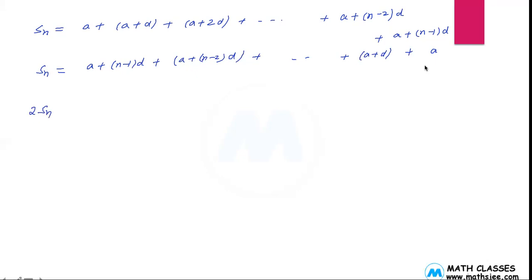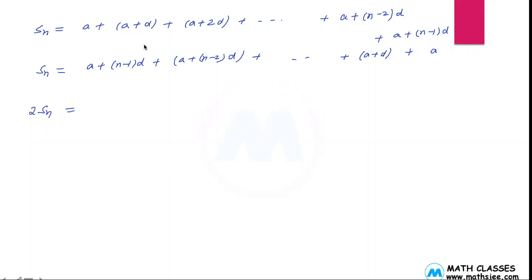So just try it out, add these terms correspondingly and see what you get. If you add this term and this, every pair will be 2a plus (n minus 1)d. If you add this and this, it will again be 2a plus (n minus 1)d, because we have seen this in the last slide.